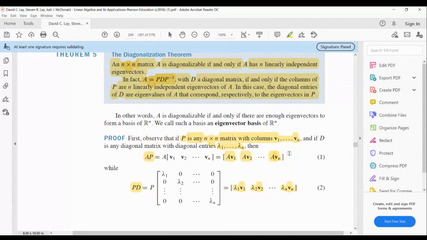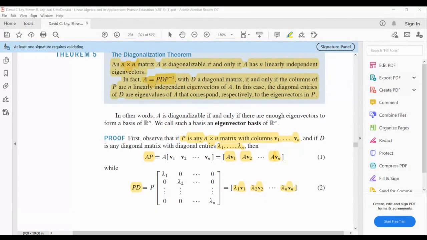Well, those vectors V1, V2 up to Vn are eigenvectors. And the matrix D, the diagonal matrix consisting of the scalars lambda 1, lambda 2 up to lambda n, those scalars are eigenvalues. And that's why this diagonalization procedure works. That's why you construct the matrix P with the eigenvectors of the matrix A, and you construct a diagonal matrix D with the eigenvalues of the matrix A.